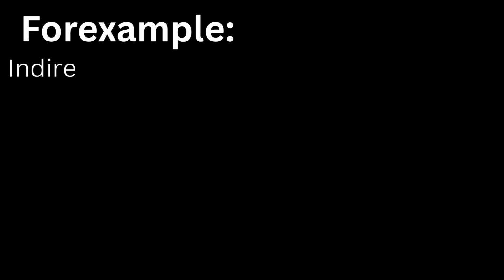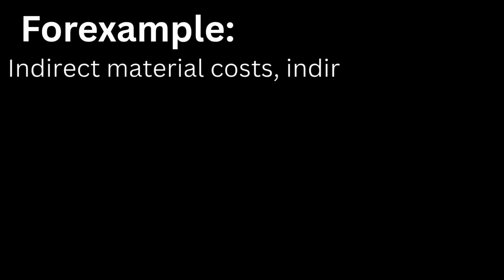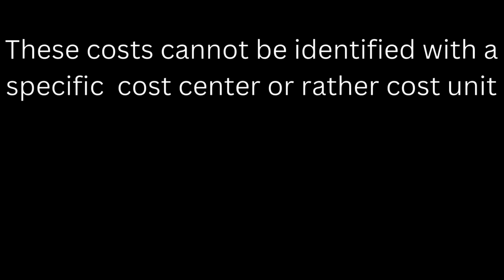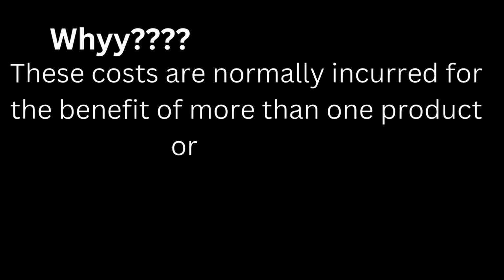For example, we may say indirect material costs, indirect labor costs, and indirect expenses. These costs cannot be identified with a specific cost center, or rather cost unit. Why? These costs are normally incurred for the benefit of more than one product or cost unit, so they can't be easily identified towards one cost unit.